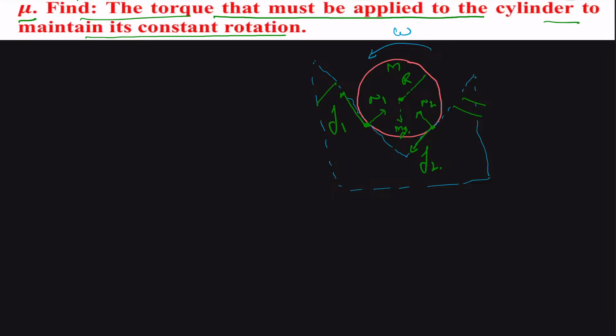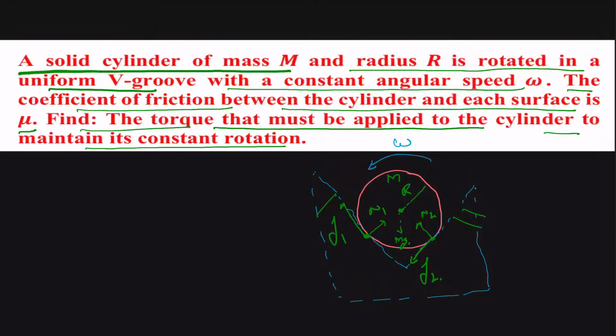So it is given, or we can draw a conclusion from the question itself also, that it is only rotating. So it means there is no translational motion, so the net horizontal forces will be equal to 0. There is only rotational motion.